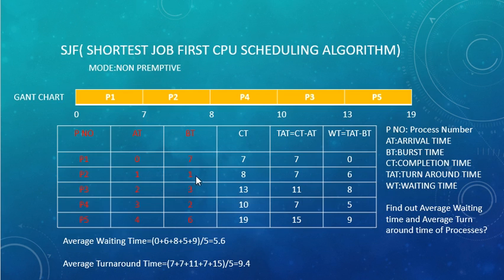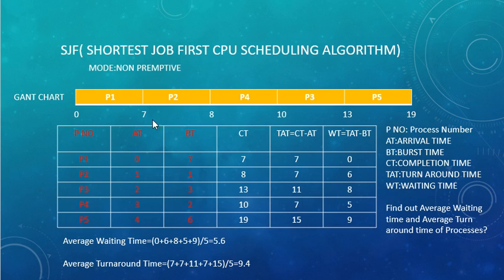Next, the CPU is going to compare with the help of this algorithm so that it considers the least burst time. What is the least burst time? P2's burst time is 1, P3's burst time is 3, P4's burst time is 2, and P5's burst time is 6. Obviously, P2 is going to be scheduled in the Gantt chart.